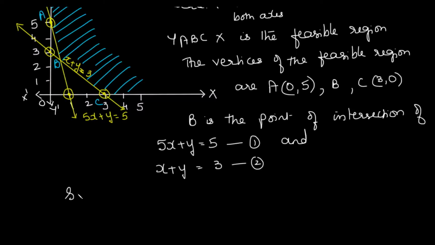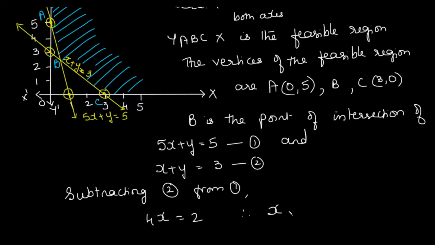So subtracting 2 from 1, we are going to get 5x minus x, that is 4x, y goes away, 5 minus 3, that is 2, and therefore x becomes 1 upon 2.